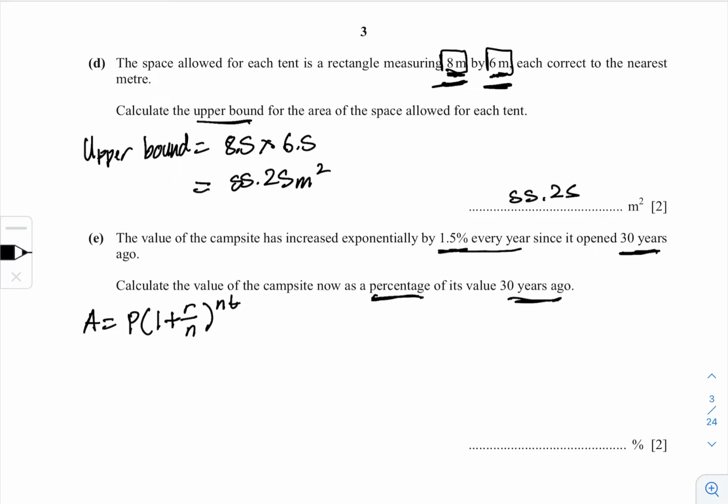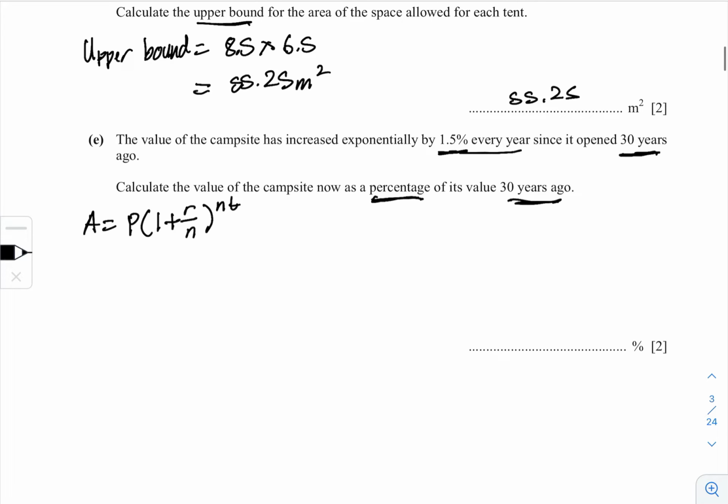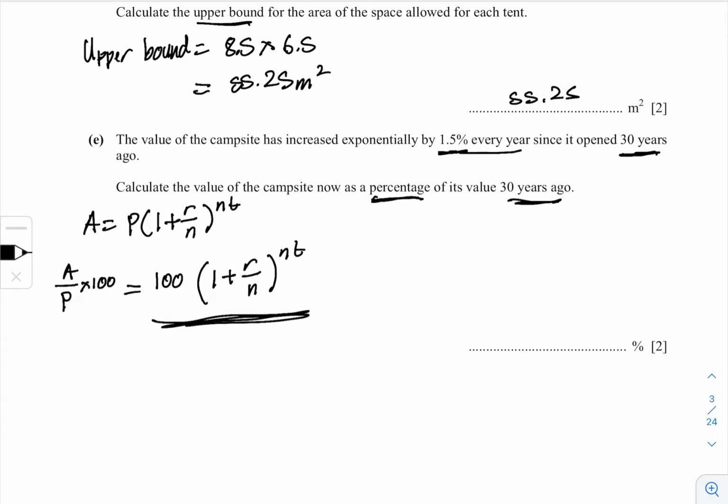Therefore, we would need to rearrange the equation to A over P multiplied by 100. That would give the answer as a percentage, which would equal 100 multiplied by (1 plus R/N) to the power of NT. So this is what we need to calculate the percentage increase of its value 30 years ago.